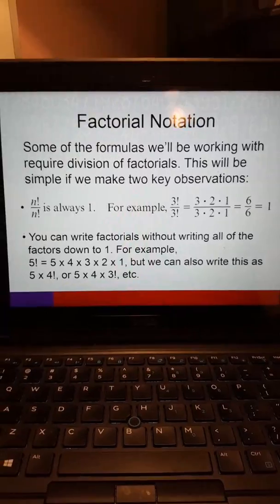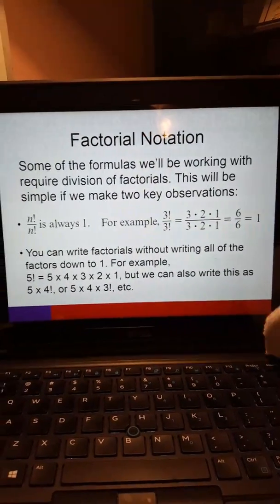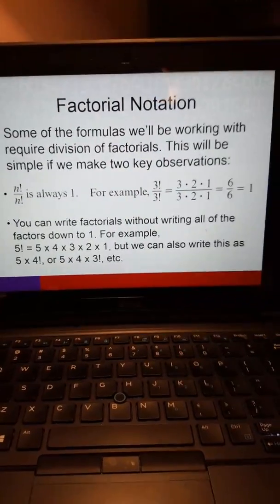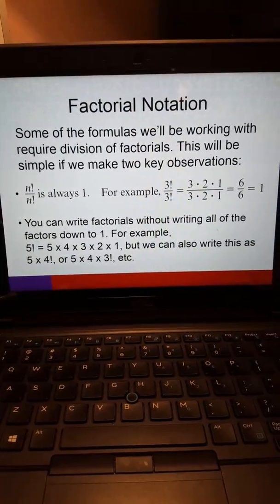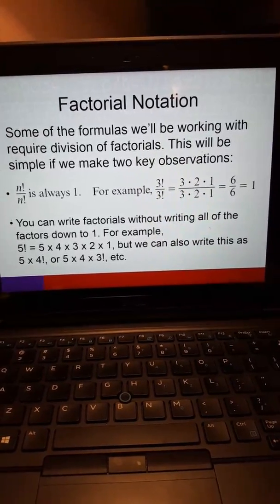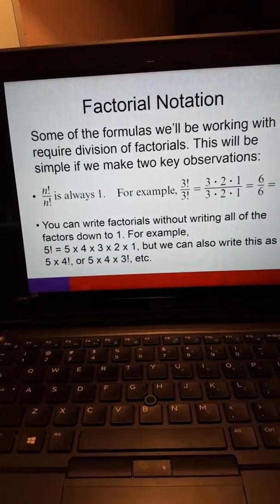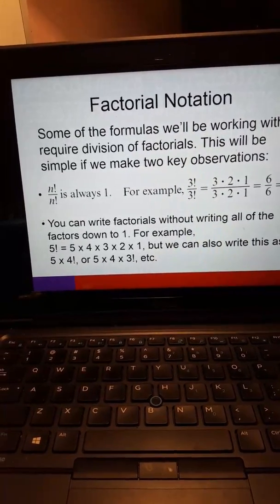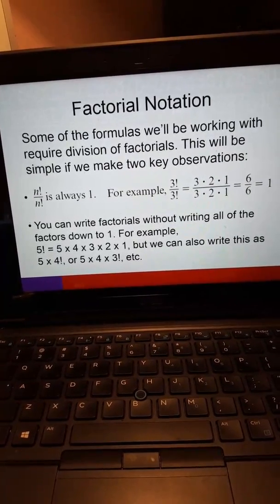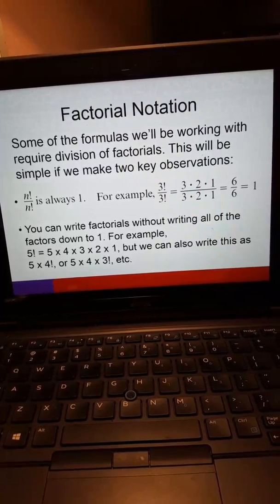All right, another key factor to make this a little bit simpler for you when you start working on these is to know that you can write the formulas without writing all of the factors down to 1. The examples at the bottom are giving you 5 factorial, which we know is 5 times 4 times 3 times 2 times 1. But it can also be written as 5 times 4 factorial or 5 times 4 times 3 factorial.